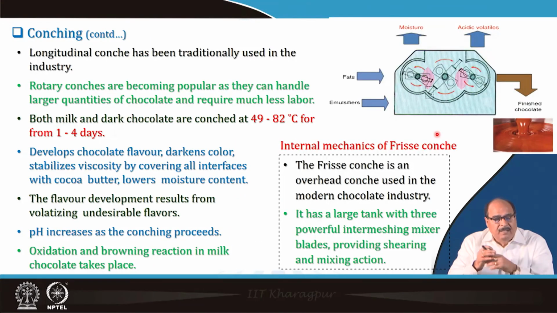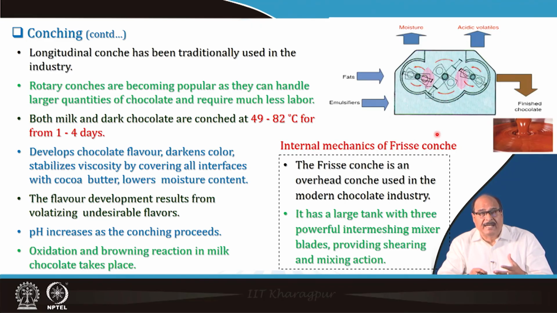The longitudinal conche has been traditionally used in the industry, but now rotary conches are becoming more popular as they can handle large quantities of chocolate and require much less labor. Both milk and dark chocolates are conched at around 49 to 82 degrees Celsius for about 1 to 4 days.